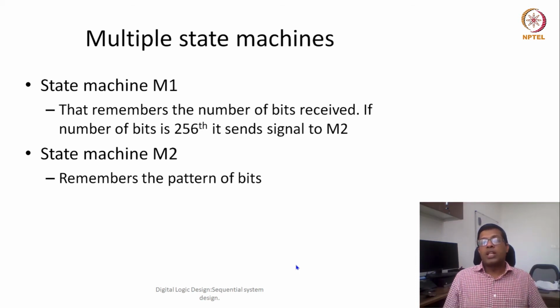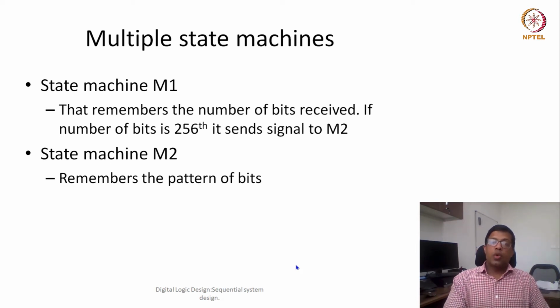It has to tell the other state machine that yes, this is the last bit, go ahead and do whatever you wish. Okay, so this information is sufficient for the second state machine to act upon and to work in such a way that the final problem, whatever is given, can be solved.